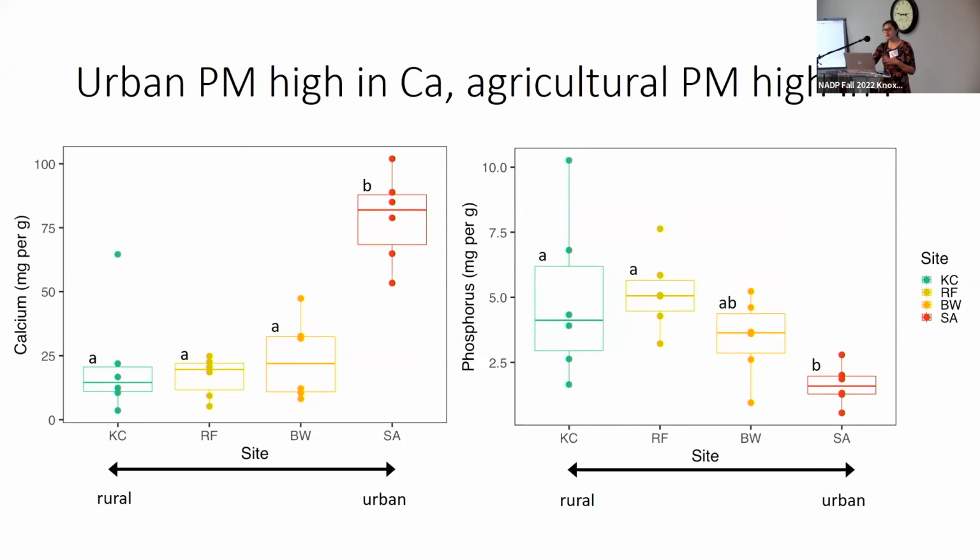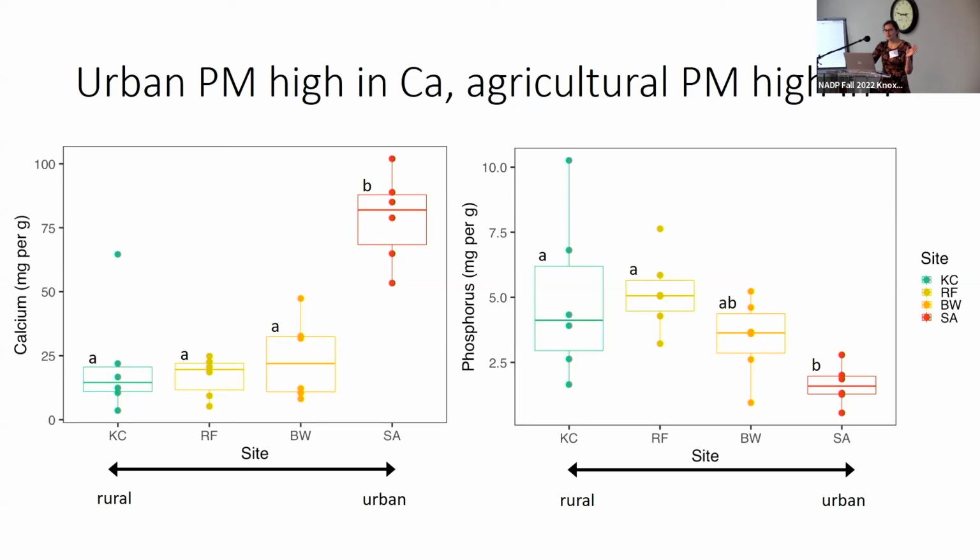And this is a little bit more of a gradient that we're seeing here, with lower phosphorus concentrations in the urban site, and then a lot of variability out in the rural, more agricultural areas.